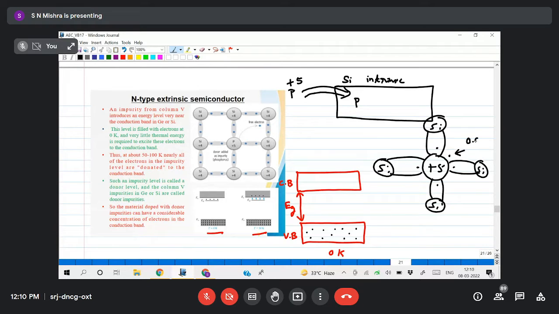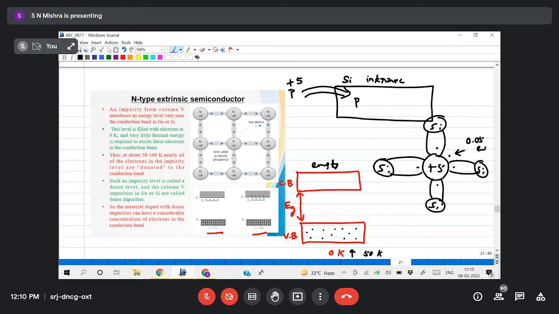So let me write here 0.05 electron volt. But at 0 Kelvin, this is still attached to the nucleus. So I am finding here the valence band is filled and the conduction band is empty. Clear?